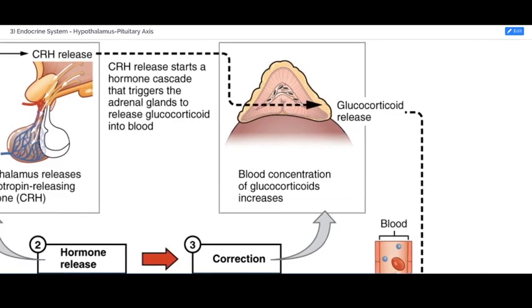The anterior pituitary then releases the hormone that's going to target the adrenal cortex, ACTH, which will stimulate the release of glucocorticoids from the appropriate region there. The glucocorticoids will then get into the blood and increase that concentration.